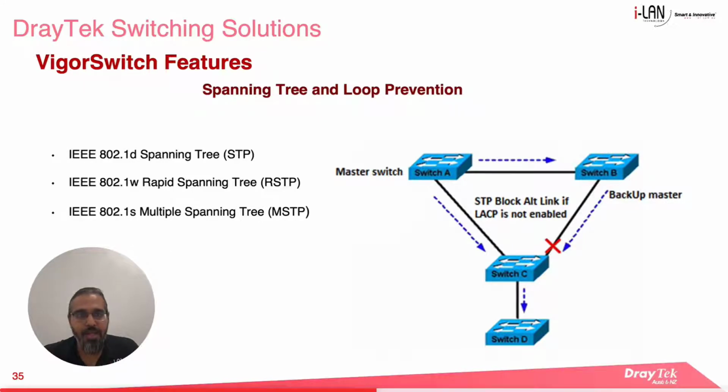The diagram here gives an overview of spanning tree. The root or master switch interacts with the other switches in the network to ensure that only one route exists between 2 stations and provides backup paths if the primary link goes down.